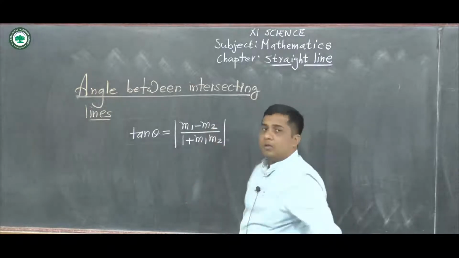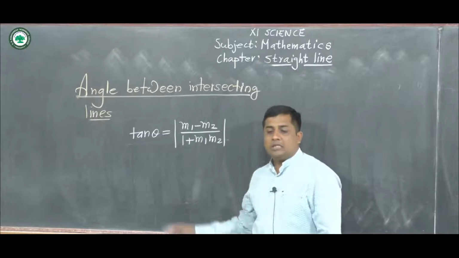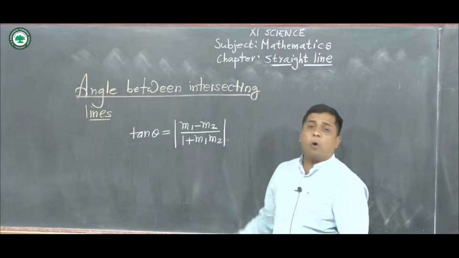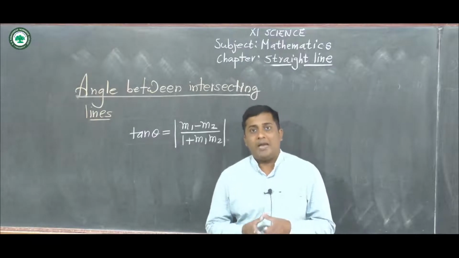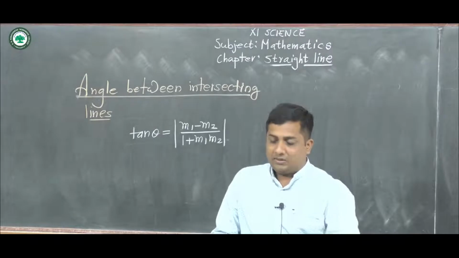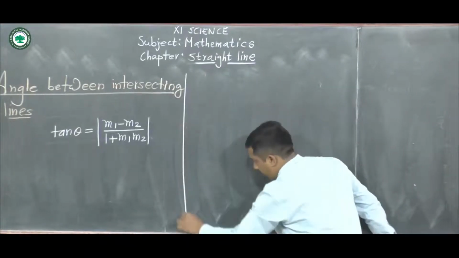Remember that m1 is the slope of the first line and m2 is the slope of the second line. So by using this formula we find the angle between these two intersecting lines. Okay, so we go with an example.